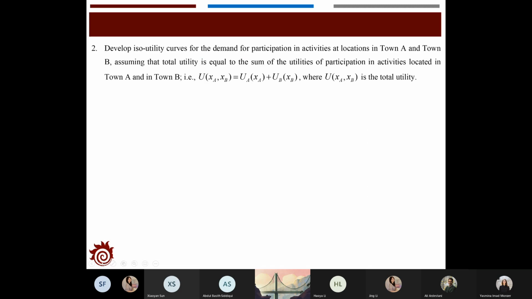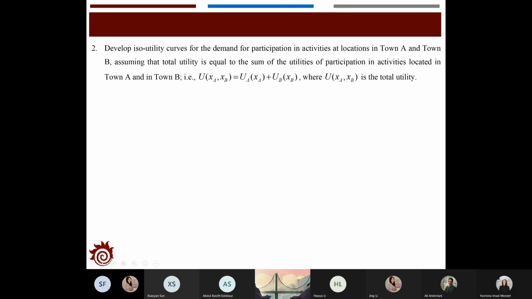And now for the second one, the second problem wants us to find the isoutility curves for the demand for all the participations in activity at a location in town A and a location in town B. So we have two different activities, XA as the activity in town A, XB as the activity in town B. And we want to find the isoutility curve, which means that the combined utility on each isoutility curve will be the same.